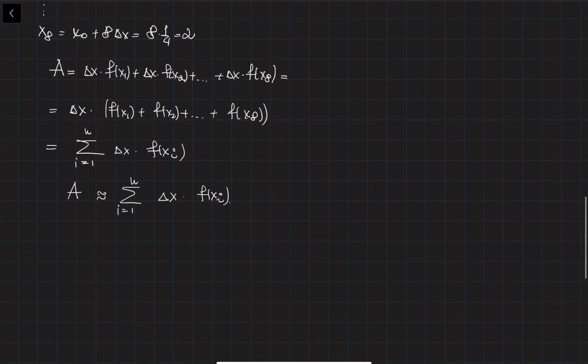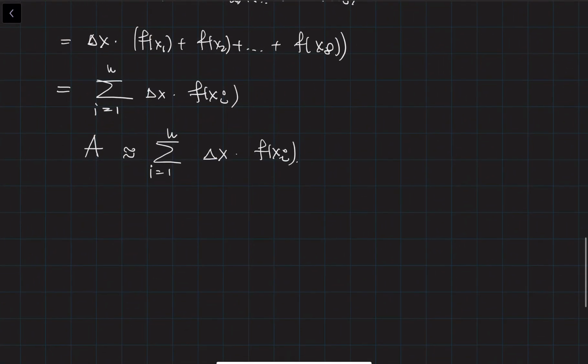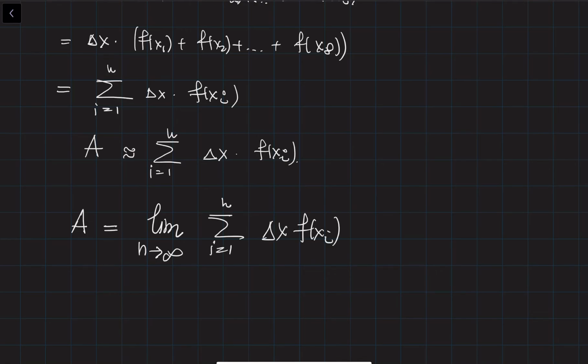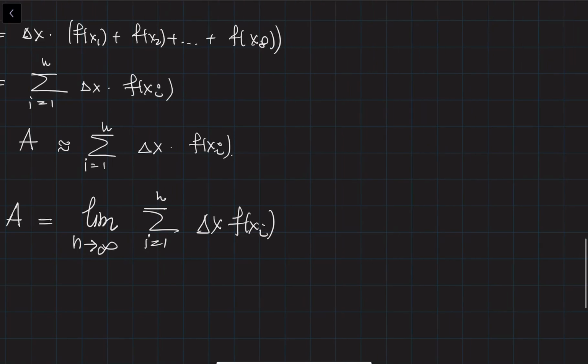So if you would like to figure out the exact area, it appears we need to find the limit of the sum when n goes to infinity. So the limit as n goes to infinity of delta x times f of xi. Well, it appears this limit, so when we find the summation of the areas of the rectangles when the number of rectangles goes to infinity, is going to be the integration.